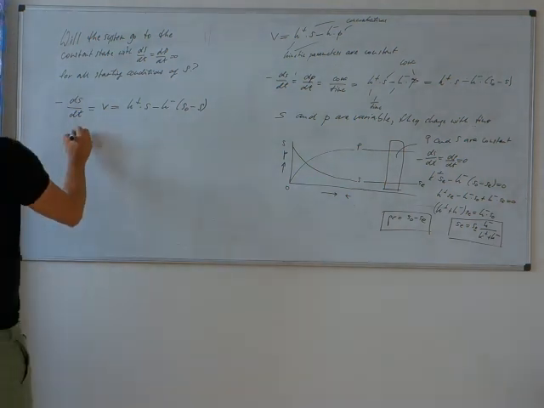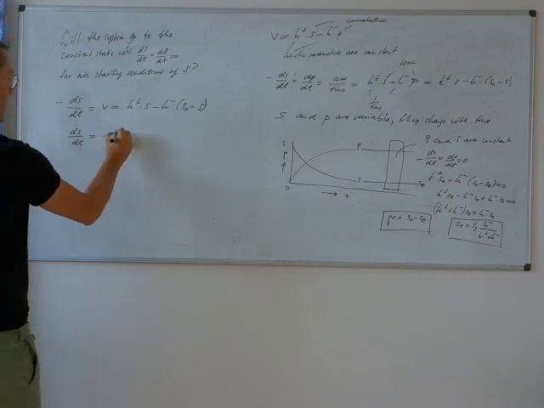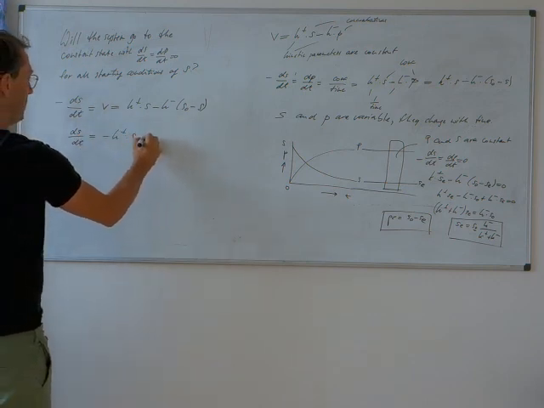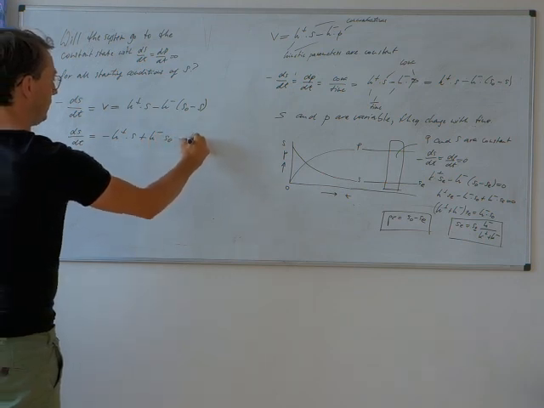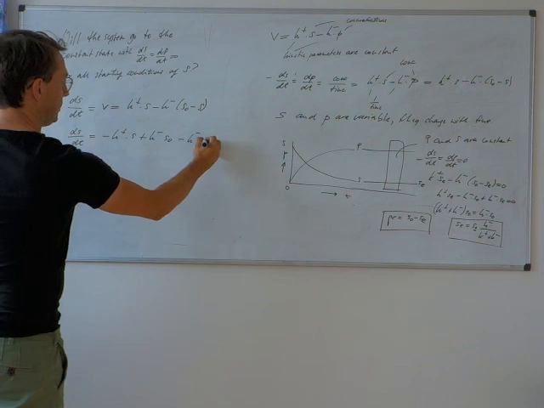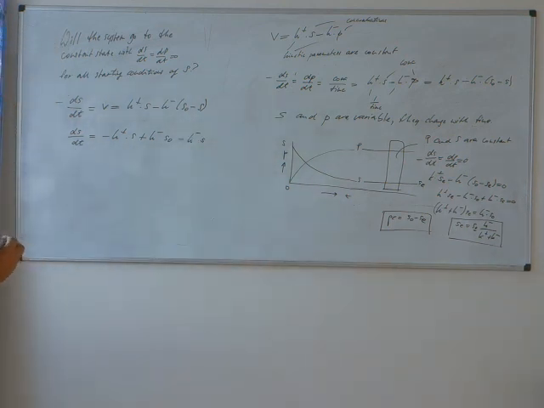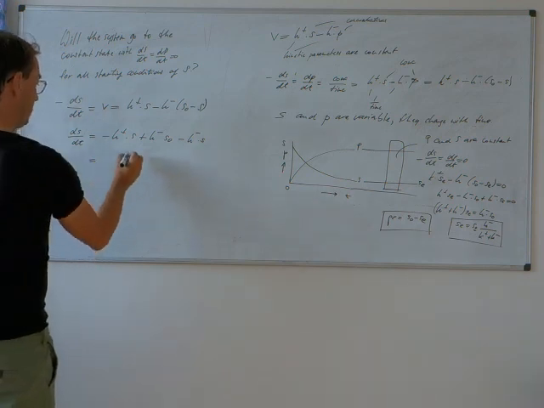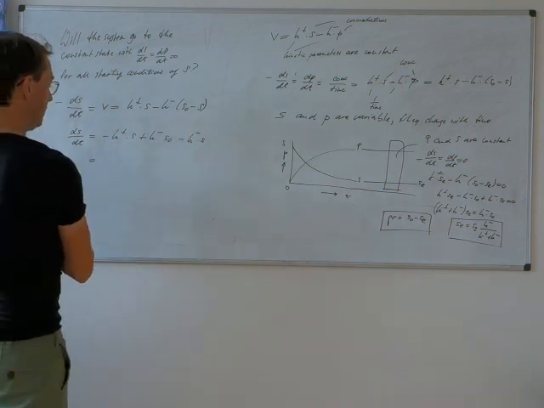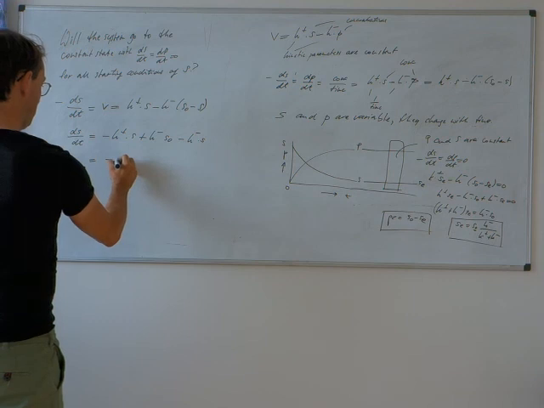Okay, so that means that dS/dt equals minus K plus times S plus K minus times S0 minus K minus times S. Okay, so now I can take all the S terms and put them together.